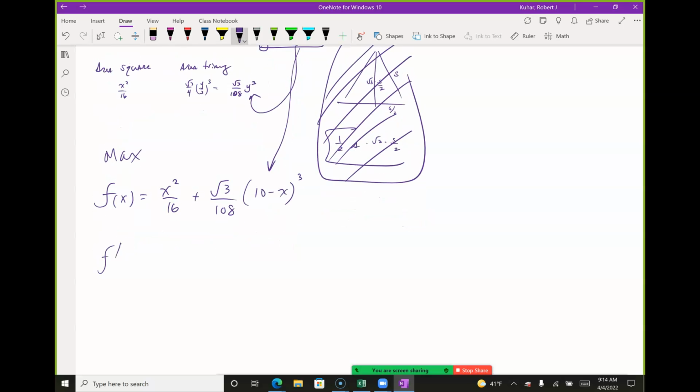All right, f prime of x. Well, the 16 goes for the ride, so I get times 2x. The rad 3 over 108 goes for the ride, so I get times 3 times 10 minus x quantity squared times another negative 1. Right? I'm just doing chain rule there. Double check me, please.